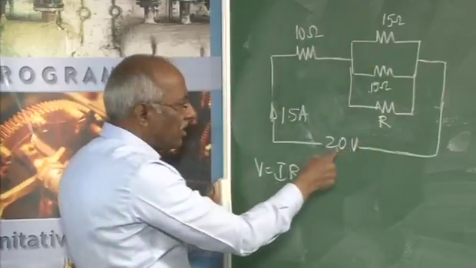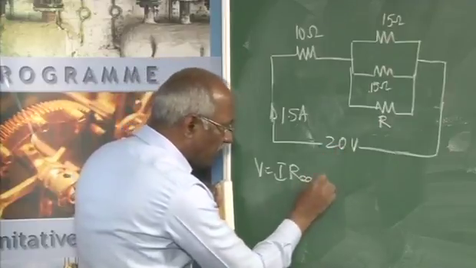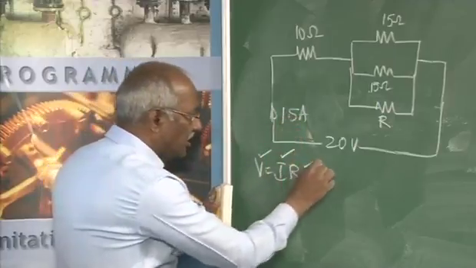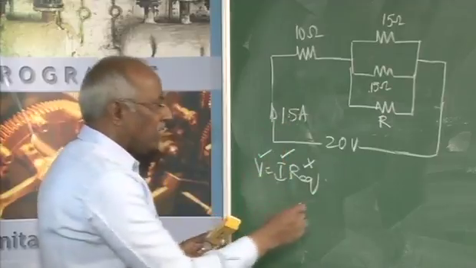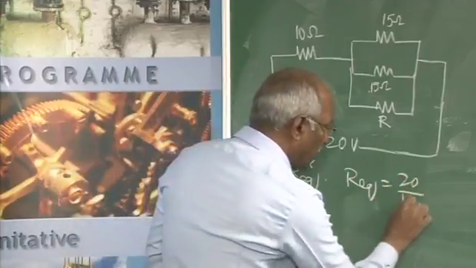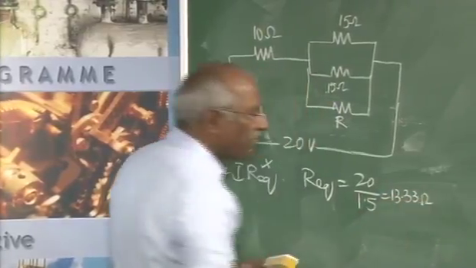The resistance offered to this voltage source is known. I will call it R equivalent. Therefore, R equivalent will be equal to 20 divided by 1.5, which comes to 13.33 ohm.